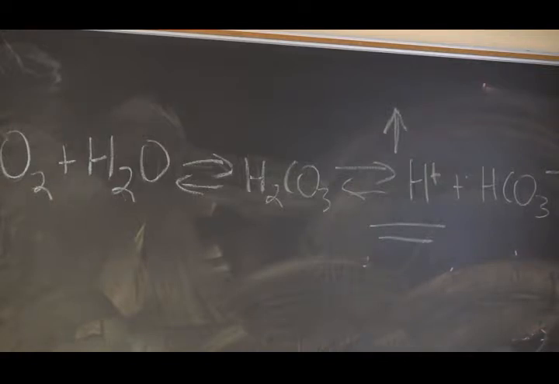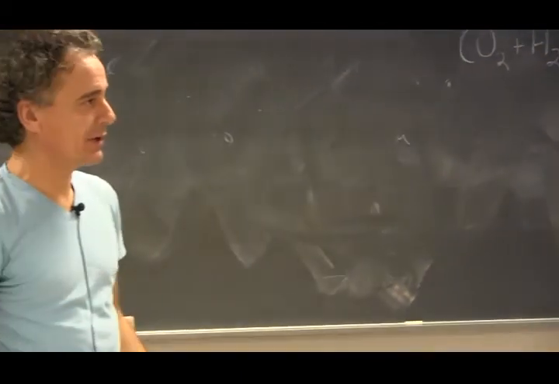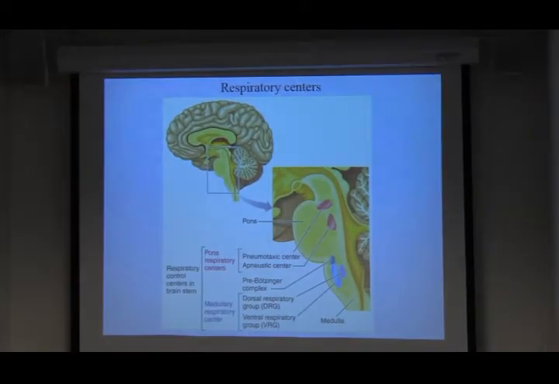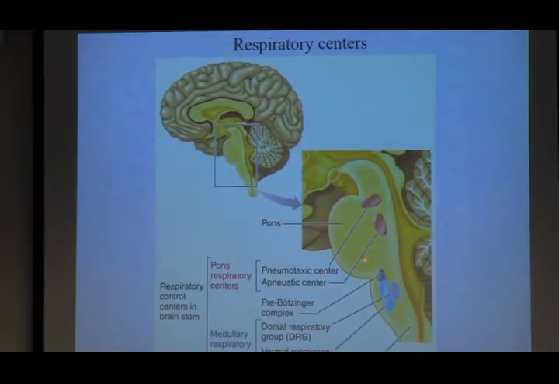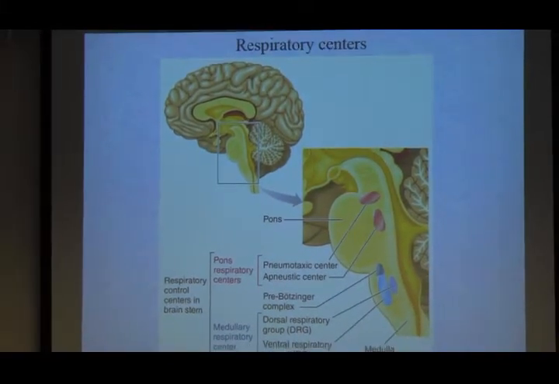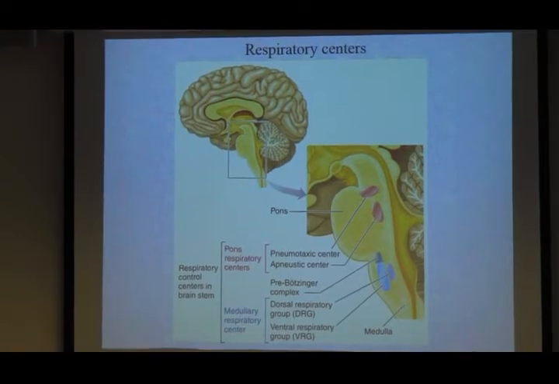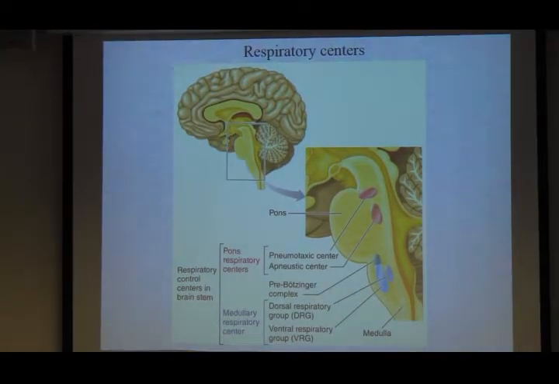Ventilation or breathing is regulated largely in an involuntary fashion by the activity of a number of neurons that are found in the pons and predominantly in the medulla. Collectively, these neurons are known as the respiratory control centers that are found in the brainstem.